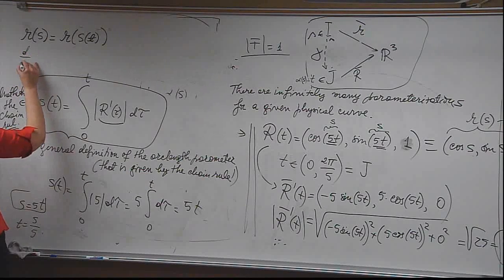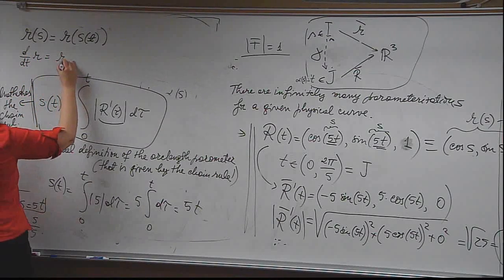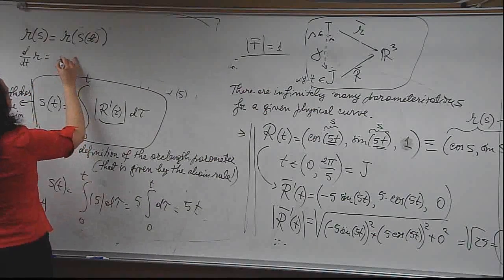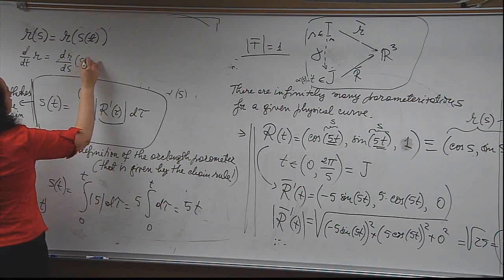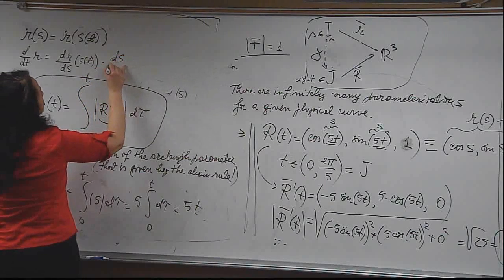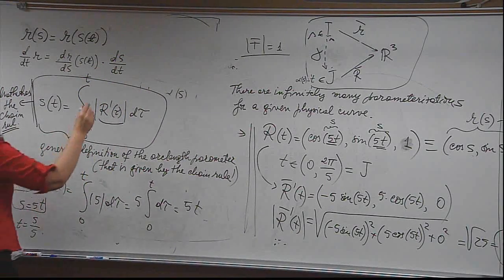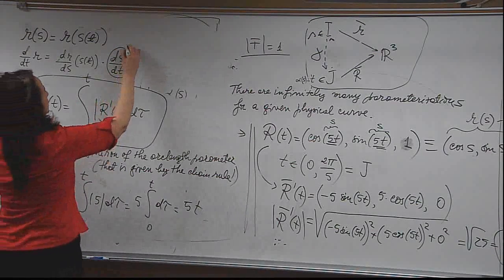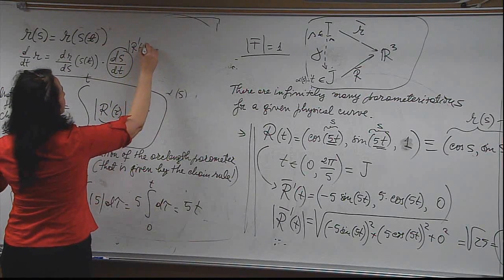Well, d/dt of r will be r primed with respect to s, so I'll say dr/ds at s of t, times ds/dt. Now what is ds/dt? It's exactly the speed, the absolute value of r prime of t.